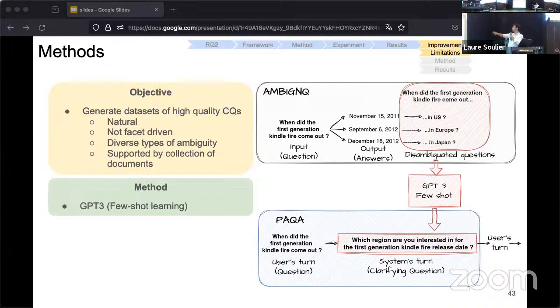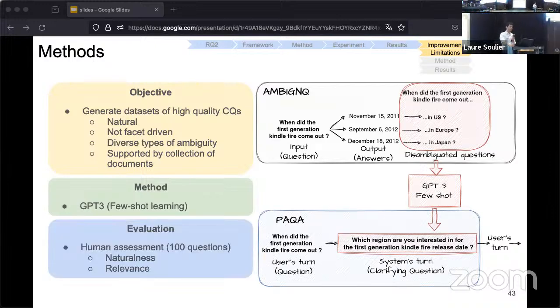For example, for the input question, when did the first generation Kindle Fire come out? There are multiple possible answers associated, depending on the region: in the US, in Europe, in Japan. And GPT-3 generated: which region are you interested in for the first generation Kindle Fire release date?